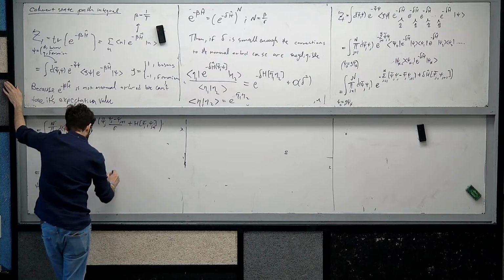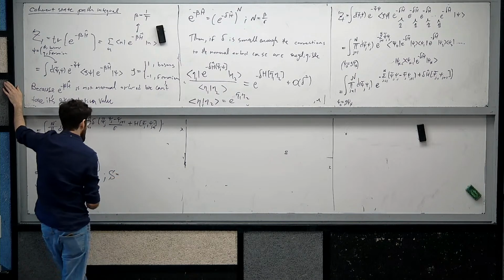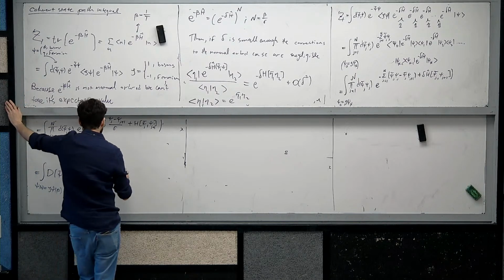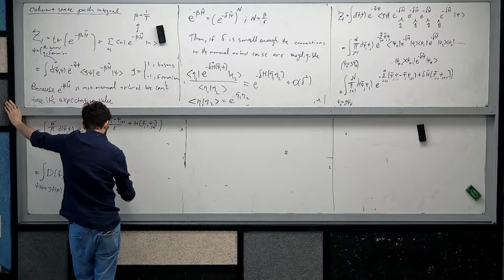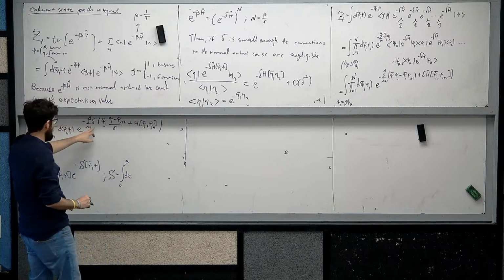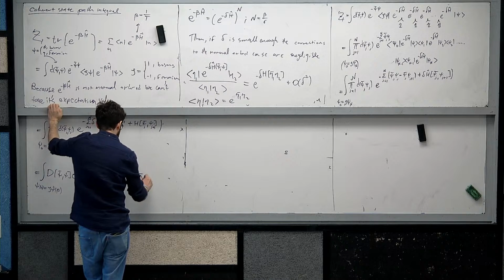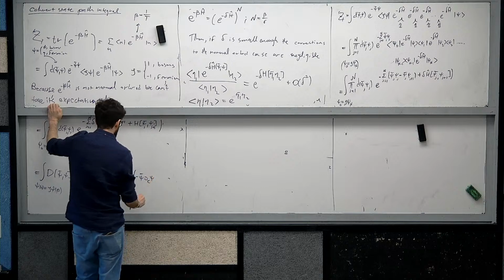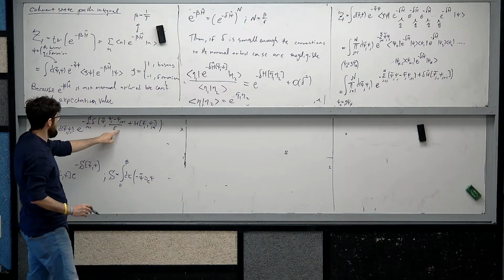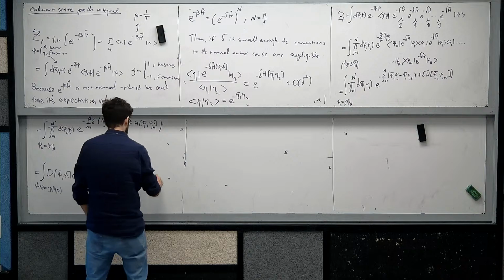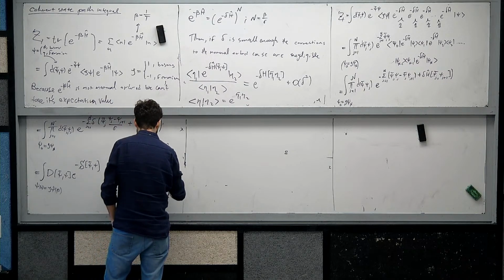And this S is none other than the action in Euclidean space, which gives us an integral from 0 to beta d tau, and then we have psi bar minus the derivative d tau of psi, plus H of psi bar and psi.